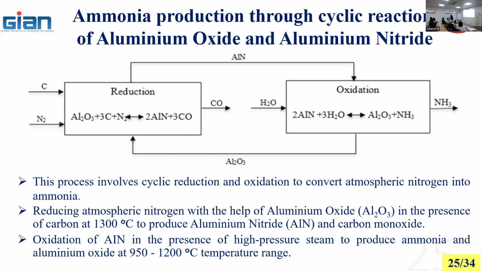Here the water is used for oxidation by using aluminum nitrate. So two catalysts are used, for reduction and oxidation. Reduction means we are breaking the nitrogen; in oxidation they combine.